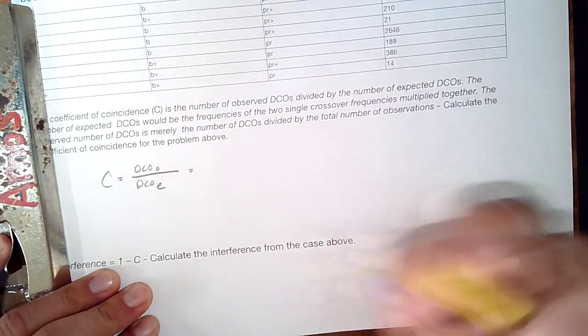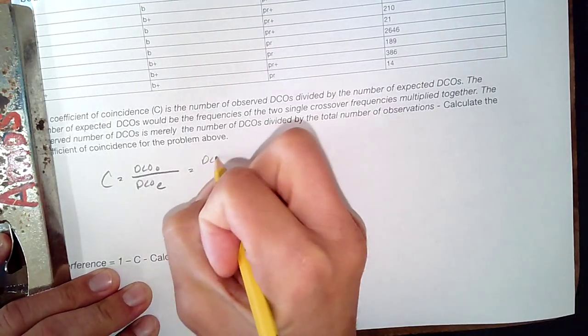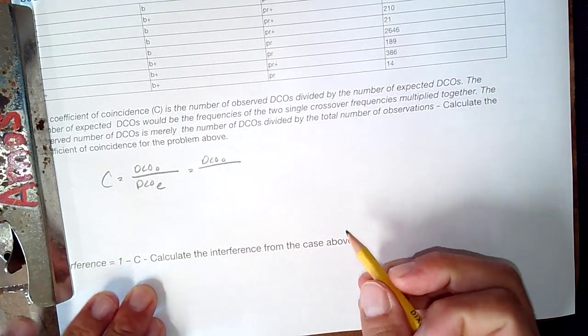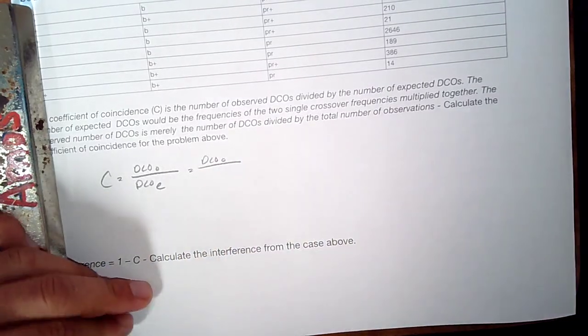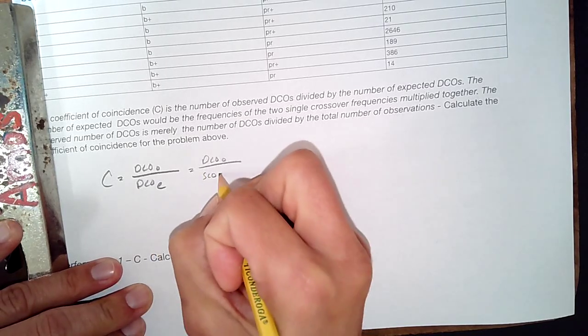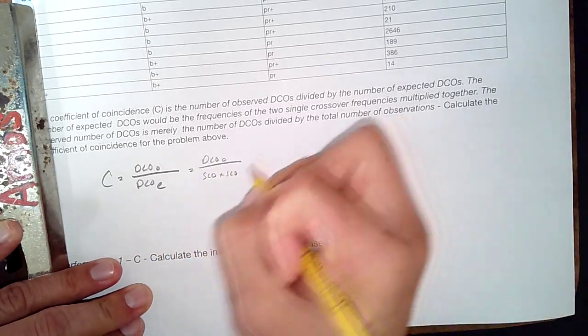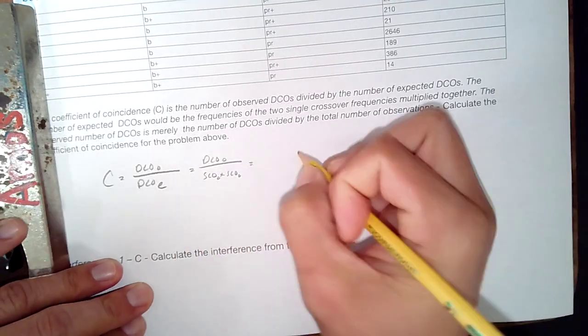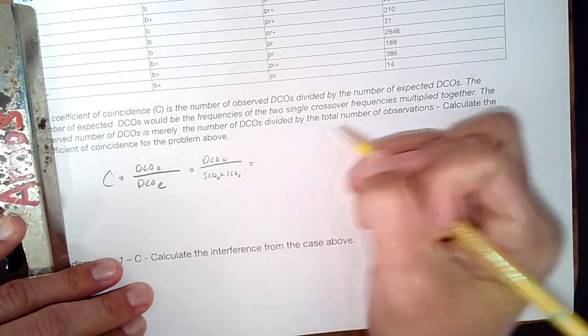But your expected double crossover events are equivalent to the frequencies of the 2 single crossover frequencies multiplied together. So it'd be single crossover times single crossover observed, right? Frequencies. And so I'm just going to plug all of that in.